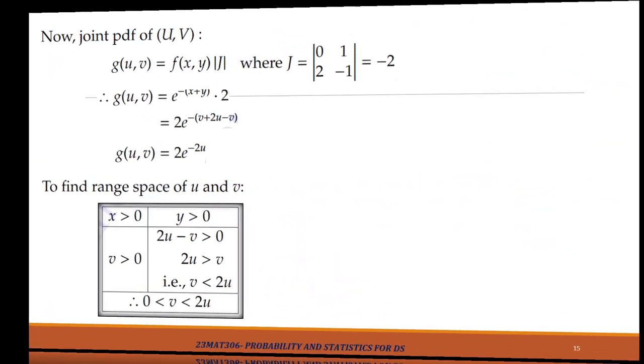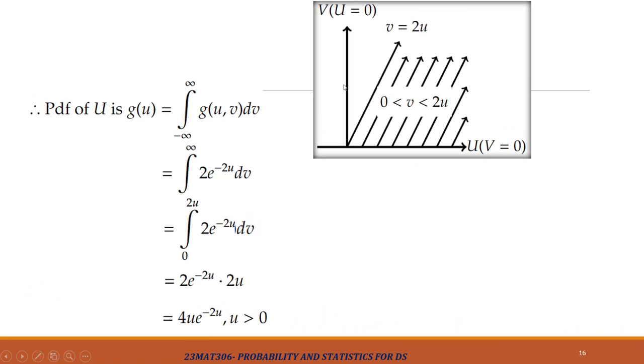So finally we find the probability density function of u, that is g of u, equal to the integral from minus infinity to infinity of g of u comma v dv. Here g is what we found in the previous step, that is the Jacobian into the given function. Then we substitute the range of v, which lies between 0 and 2u, as the limits and integrate with respect to v.